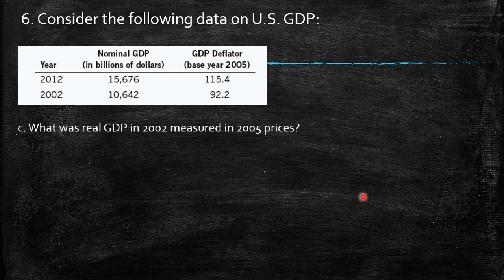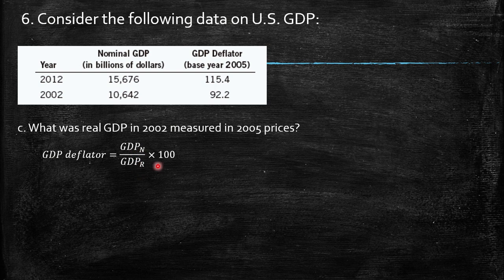Then what was the real GDP in 2002 measured in 2005 prices? Well, we don't have that information as easily, because actually we have this in nominal. However, we can extract it from the deflator formula, because we already know that the deflator is exactly equal to GDP nominal over GDP real, right?